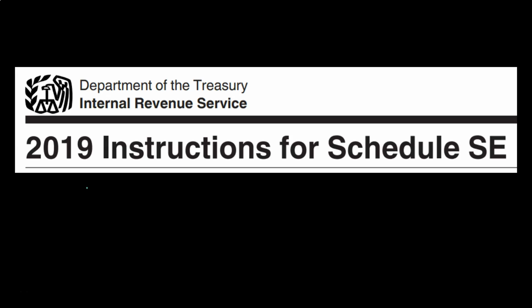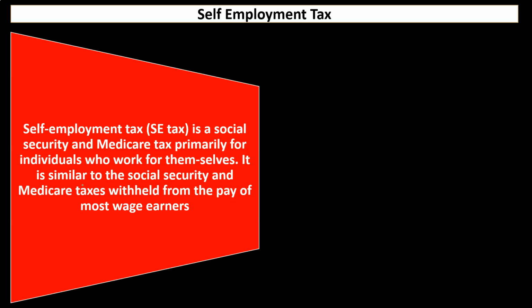If you have questions about a particular area, you could start by looking at the instructions for Schedule SE. You can find those on the IRS website at irs.gov, and that's where you can start your research. We might put a link to it as well, and the 2020 instructions hopefully will be out shortly.